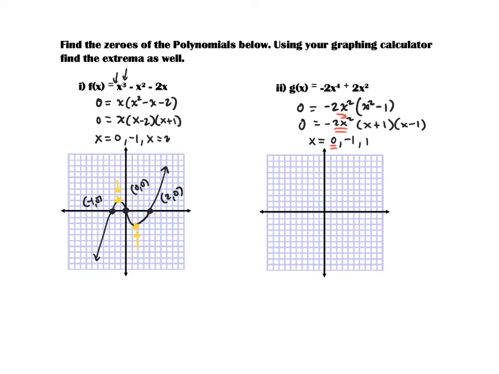So the general sketch of this function with x-intercepts -1, +1, and 0, as well as end behavior that would look like the following, would have to do something like that.